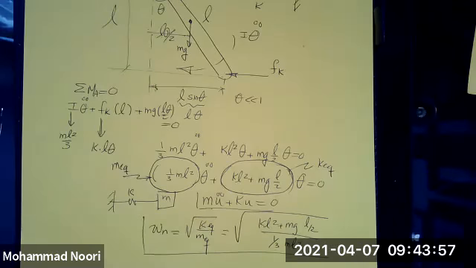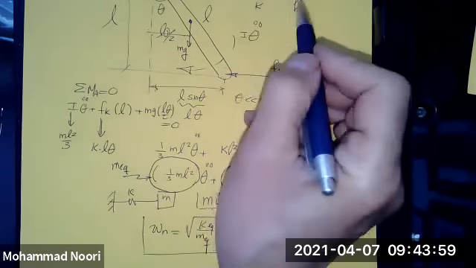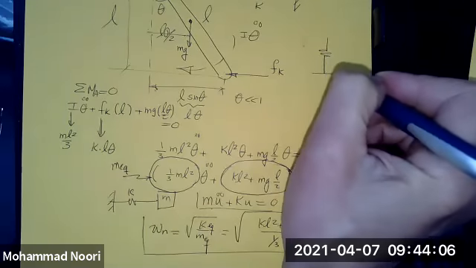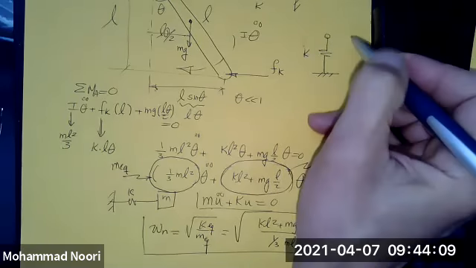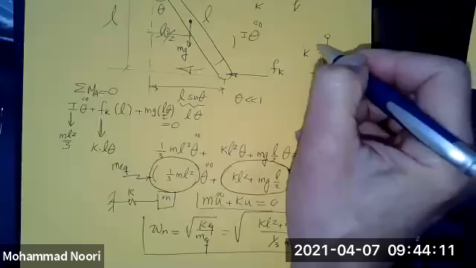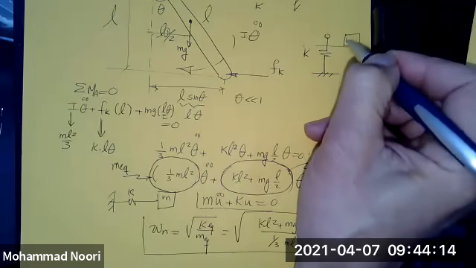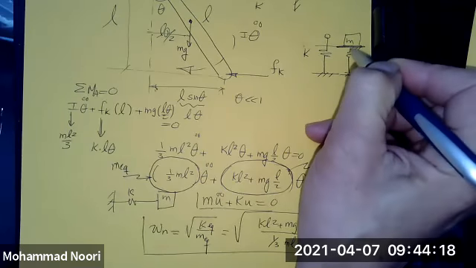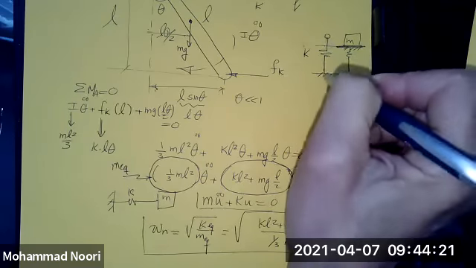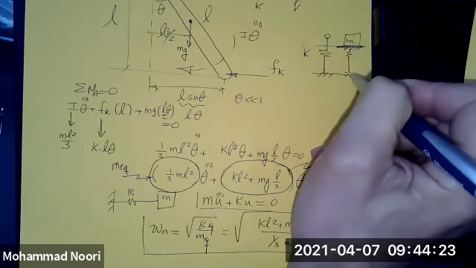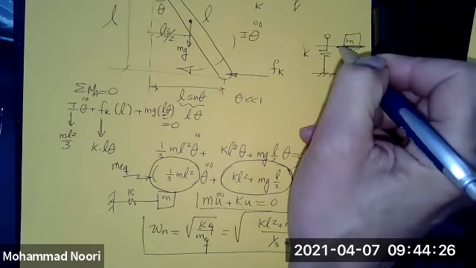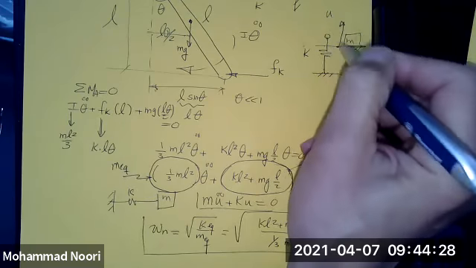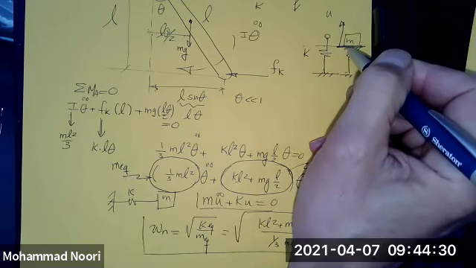Excellent question. What I'm assuming here is that the spring is in its unstretched form. You remember the bonus problem that I gave you? If this is a spring, and you measure the displacement from the position where the spring has already gone through the static displacement, the equation of motion is independent of the gravitational force.